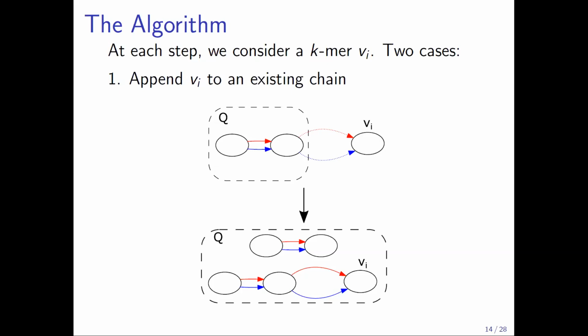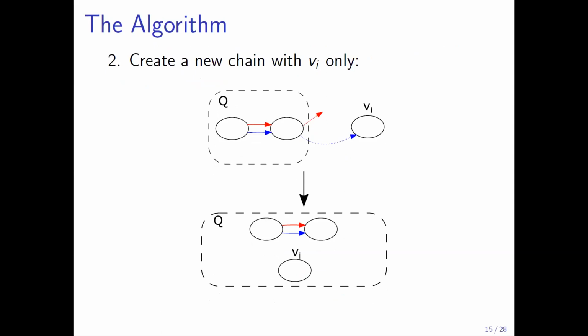After this step, we add a new chain to the data structure Q. However, it's not always possible, and it could be that there is no chain that can be extended by v_i. In this case, we add a singleton k-mer v_i to the data structure Q. This way, we can find all the pairwise chains of interest in this de Bruijn graph.